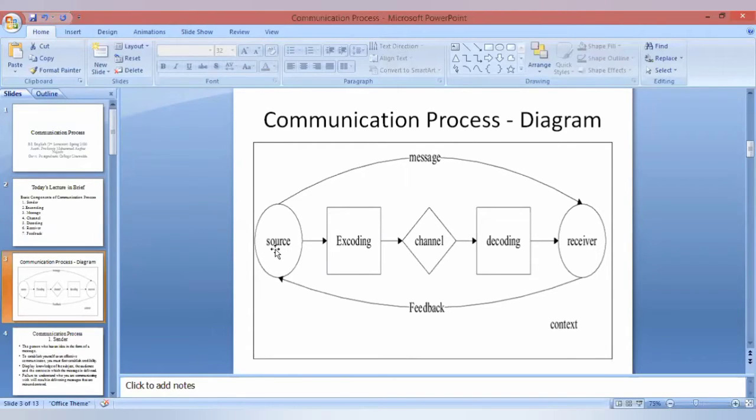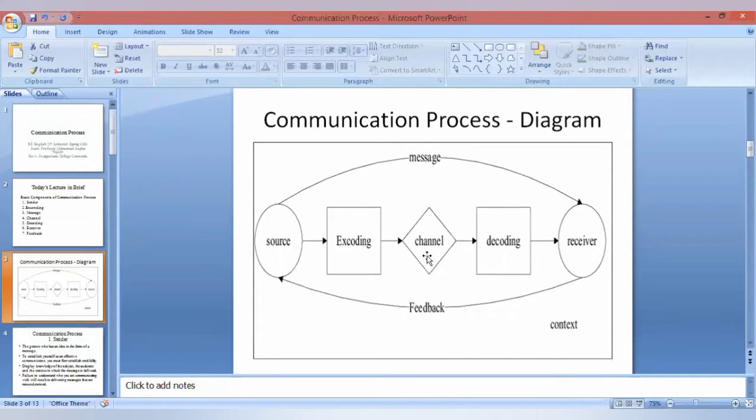As you can see, there is a source, the sender, who encodes a message. He transforms an idea into a message, and then he selects a channel, a medium.